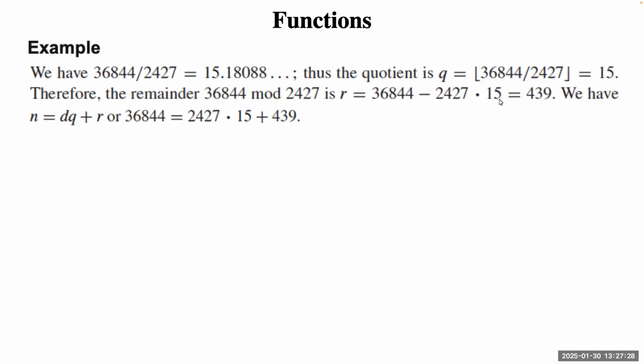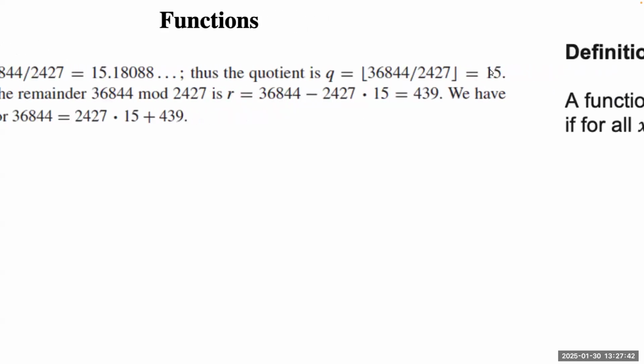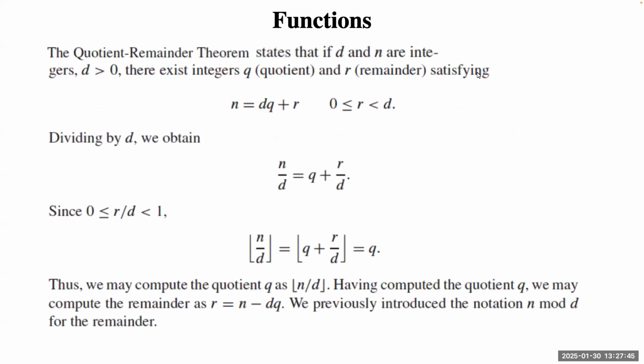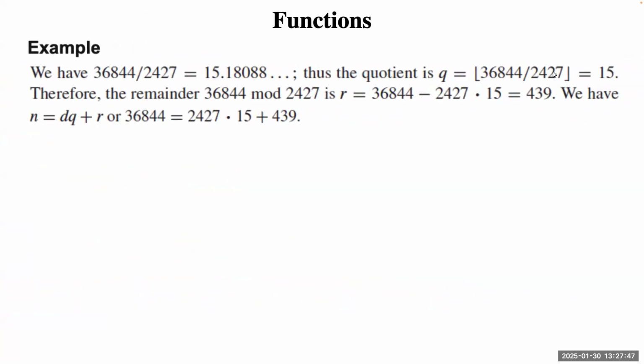He chops off the fractional part, takes the floor of it, multiplies it by the number he divided by, and then subtracts it from the original number, and what's left over is your remainder. So in other words, he did this division, 36844 divided by 2427, and got 15 point something or other. By taking the floor of it, you just get the 15. Then he takes the 15 and multiplies it by 2427, which gives a number smaller than 36844 because he got rid of the decimal part.